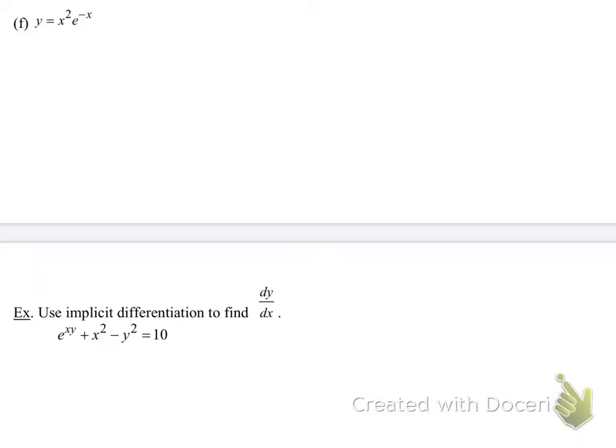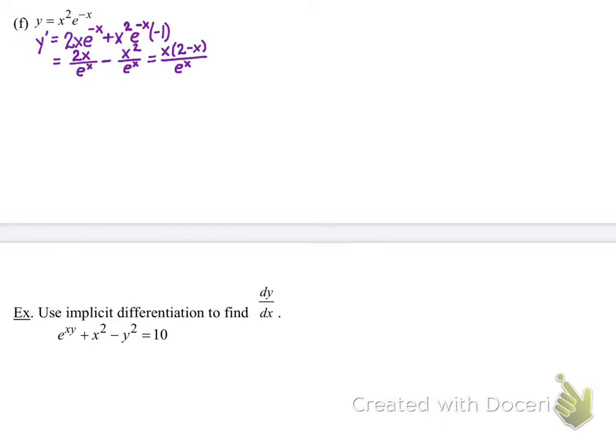I kept track of what I was saying that time. Okay, so the derivative of the first times the normal of the second plus the normal of the first times the derivative of the second. And we simplify that a bit and make it look pretty. And there we go.